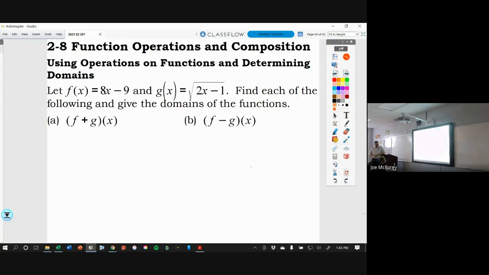Letter A has f plus g of x, which means the same thing as saying what is f of x plus g of x. F of x is 8x minus 9, and g of x is the square root of 2x minus 1.